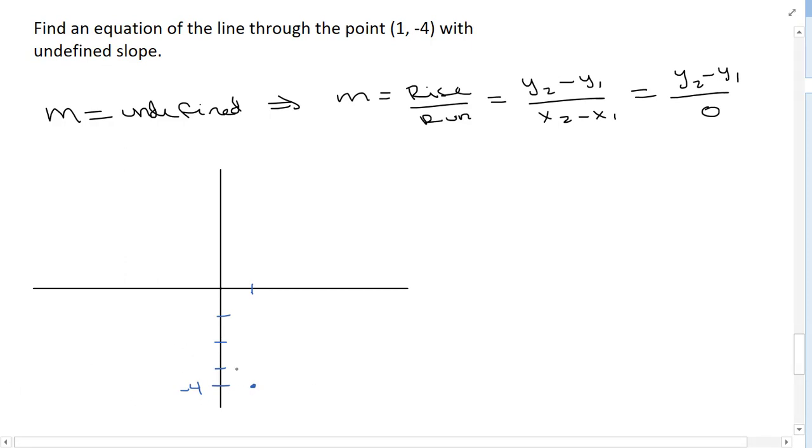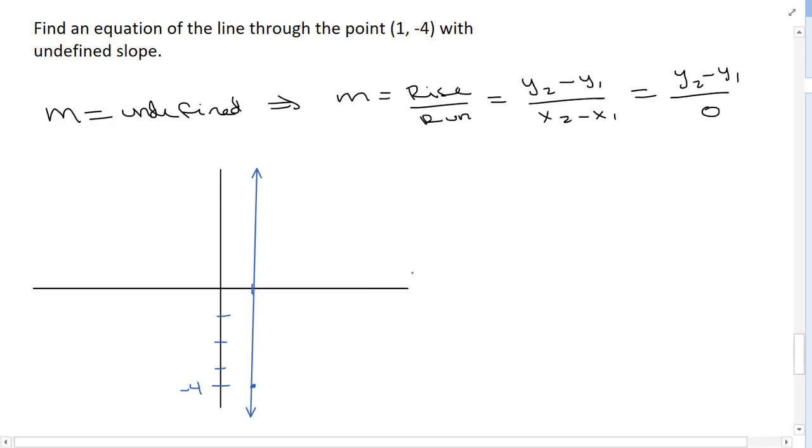There's no left or right movement, only up and down. It does have a rise, so there's a difference in the y's. So then my line is going to go along here. And so we can draw the line. So this will be my line.